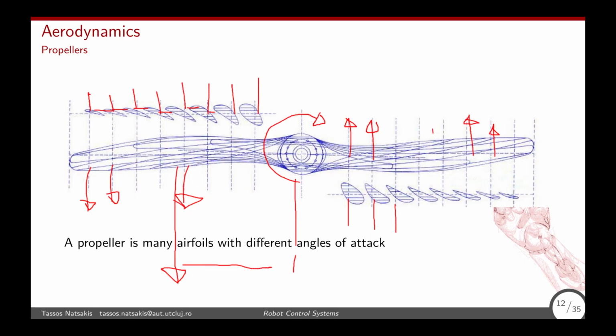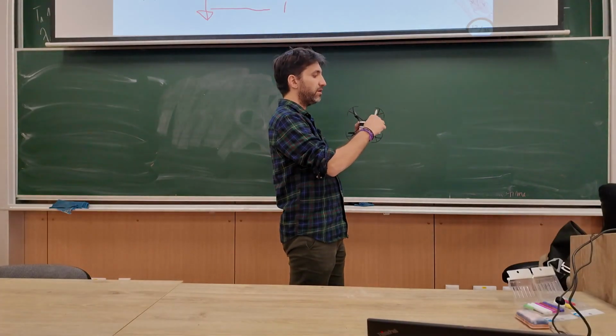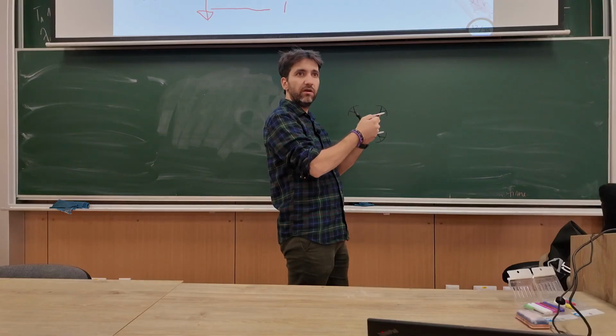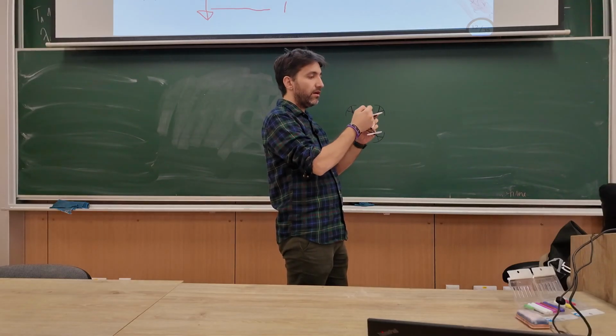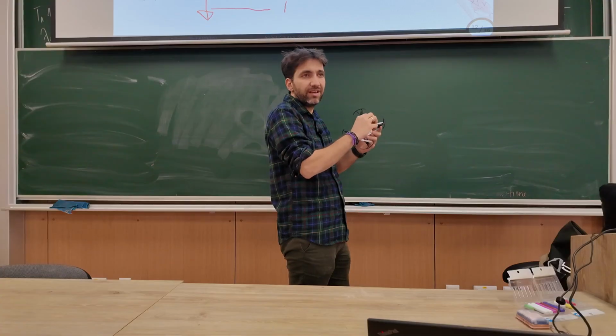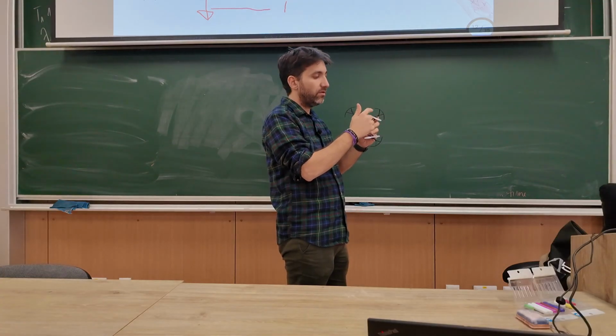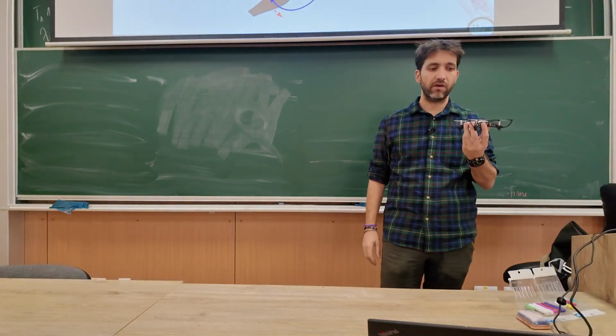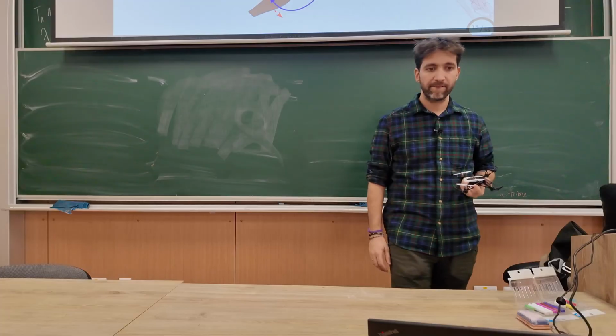And the same thing here. I will have a sum of all these forces over this distance, and I will have a torque. And this torque will basically have the opposite direction to the rotation. So if this propeller is rotating like this and generating a lift, then I will have a counter torque around this axis of rotation. It's like the resistance of the air. Okay? Good. That's all we need to know in order to figure out how these things fly and move around.